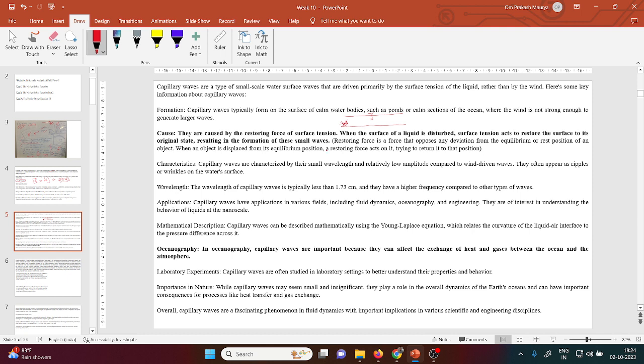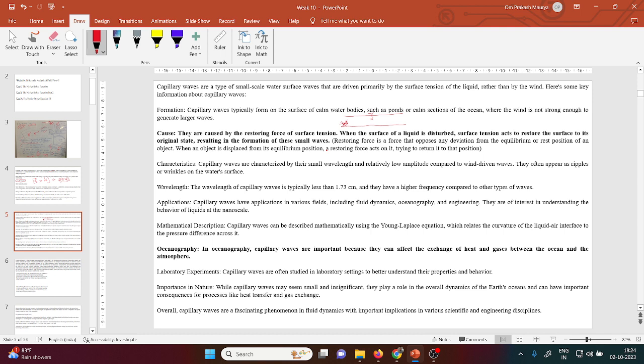And if you read what the reason behind it is, the capillary wave is a small scale water surface wave. If you google what a capillary wave is, you can see what types there are. But what is the cause behind it in the liquid? It is the restoring of the surface tension.